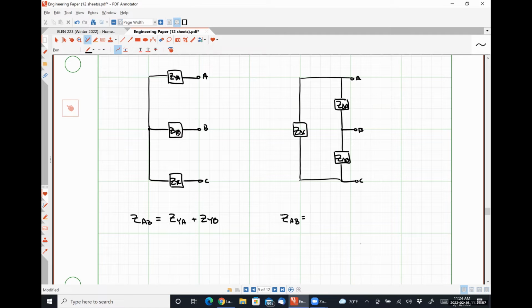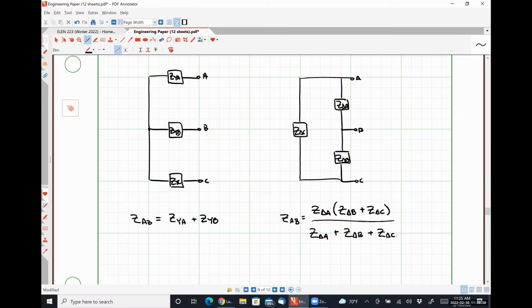So these are deltas, but I think you're getting close. Okay, so we have this guy directly between terminals A and B, and it's going to be in parallel with a series combination of these two. So that would look like Z delta A times Z delta B plus Z delta C, divided by Z delta A plus Z delta B plus Z delta C. Okay.